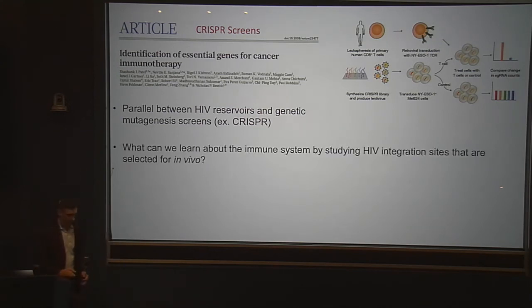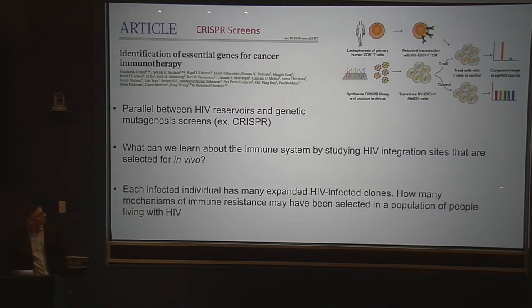So if indeed HIV is doing this, and the reservoir is overrepresented by cells that have integration sites that disrupt the function in some way that alters resistance to T cells, maybe we can learn a lot about the immune system by studying these HIV integration sites in people living with HIV. Maybe this is essentially, in some sense, a functional genetic screen for factors that confer resistance to immune cells.